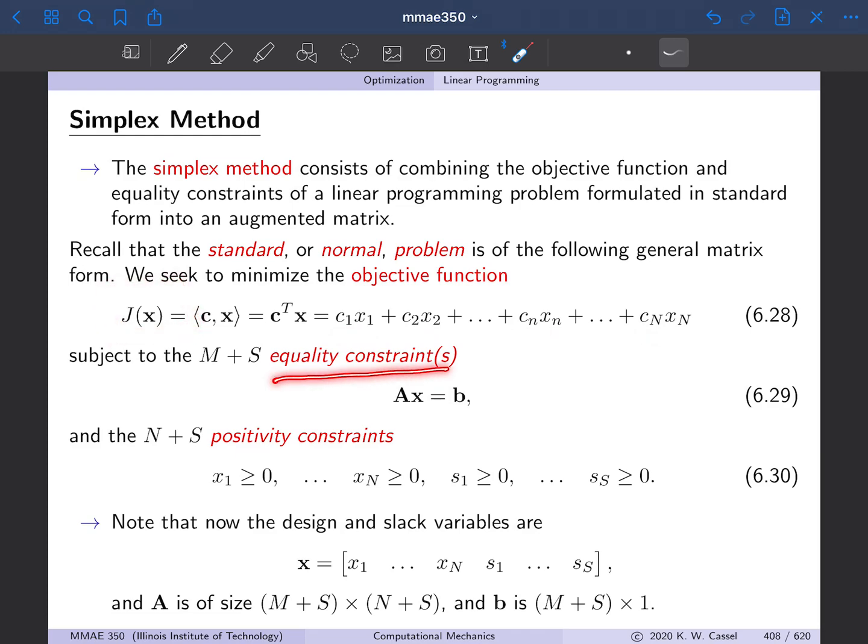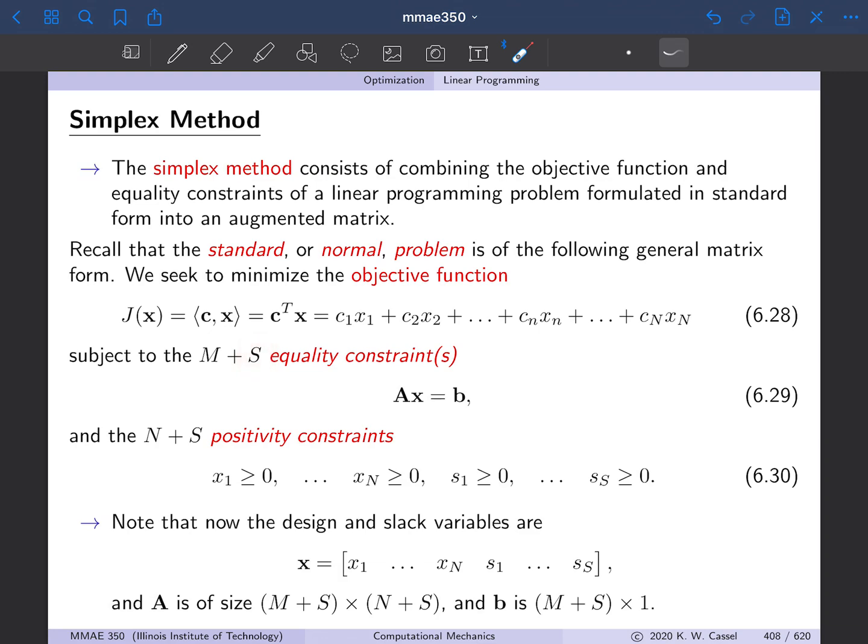Then we have the equality constraints, which are in the form of a matrix, Ax equals b. There are capital N design variables, m equality constraints and s inequality constraints.